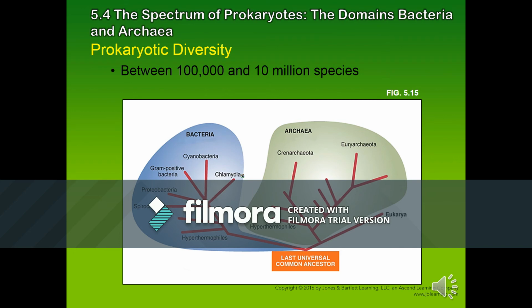We don't know an absolute number yet, whereas we pretty much know the number of animal species that are present. We only know about 12,000 of those bacterial species as of today, but there could be up to 10 million different species out there.